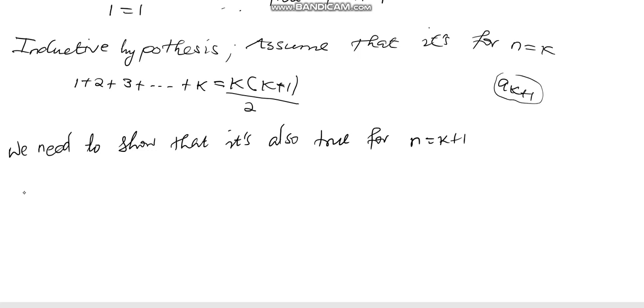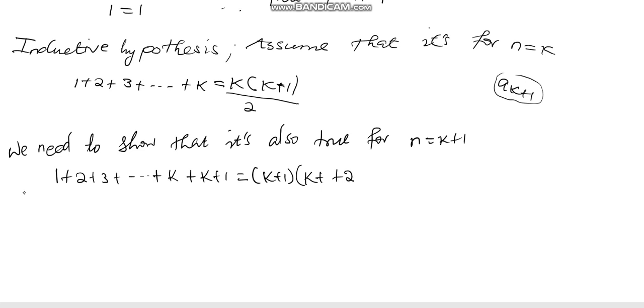So we have 1 plus 2 plus 3 plus k, then plus the new term, k plus 1. Then on the right hand side, everywhere where there's n, we put k plus 1. So we have k plus 1, open brackets, we also have k plus 2.